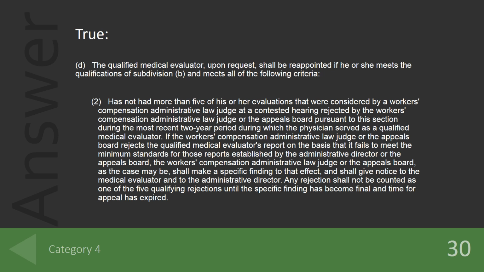You can have as many as 4 bad, crappy, terrible, awful, below standard reports before the administrative director can deny you reappointment. And the whole purpose of this program is to make sure that your reports never end up in the rejected bin so that your reports stay out of the scrutiny of disciplinary committees.